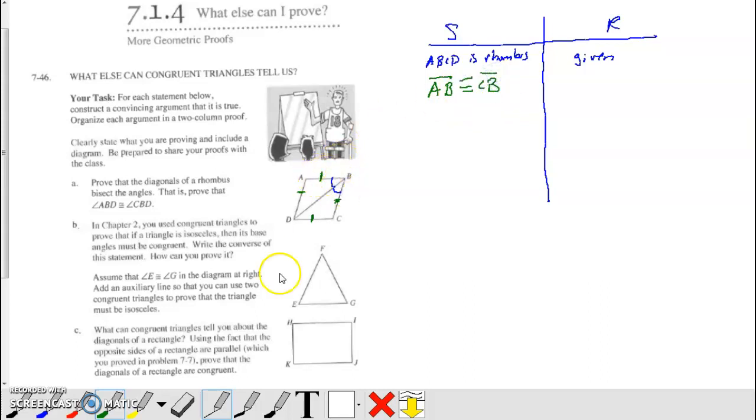I'm going to color coordinate it, so that side is congruent to that side. And why? I get to say definition of a rhombus. So that's exciting. And then this side is congruent to that side, so AD is congruent to CD, and again, definition of a rhombus.